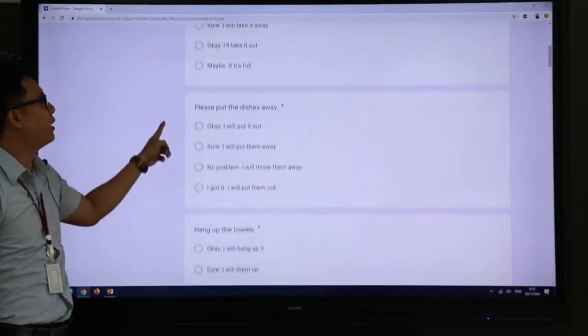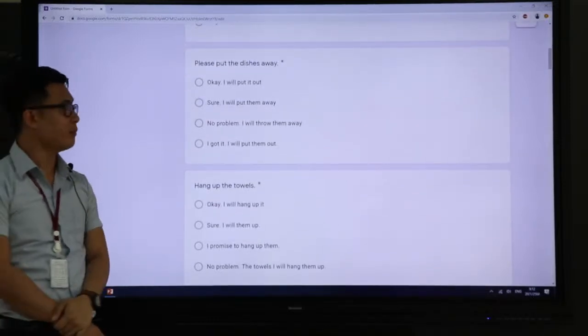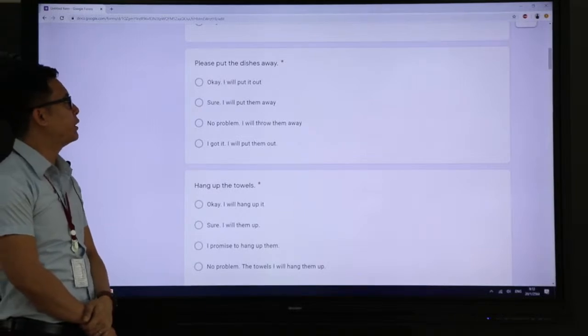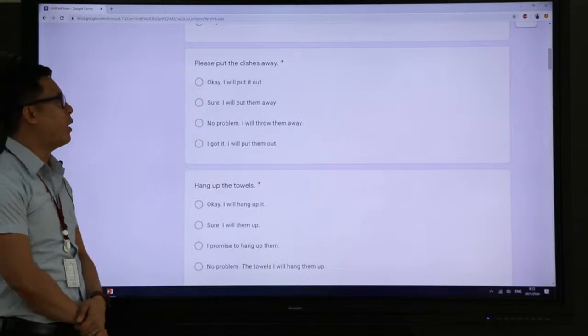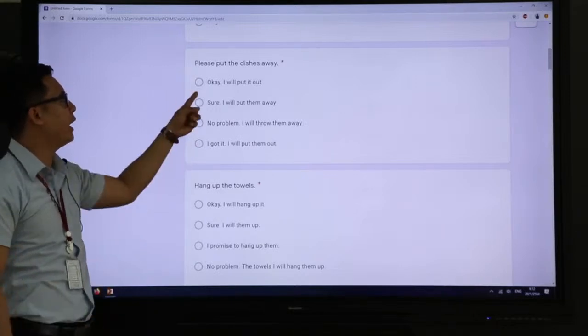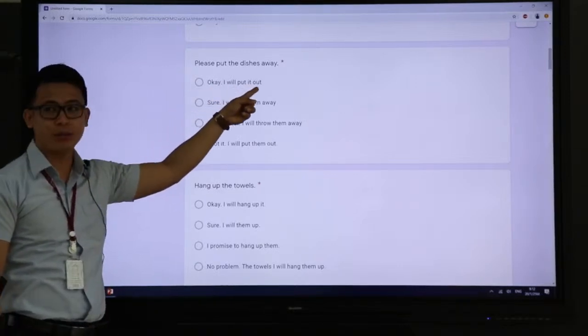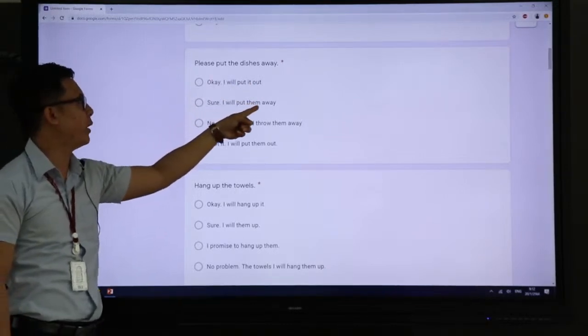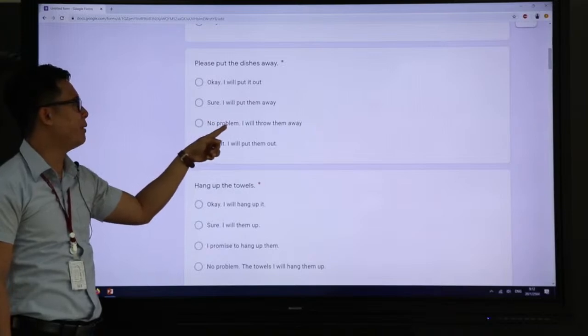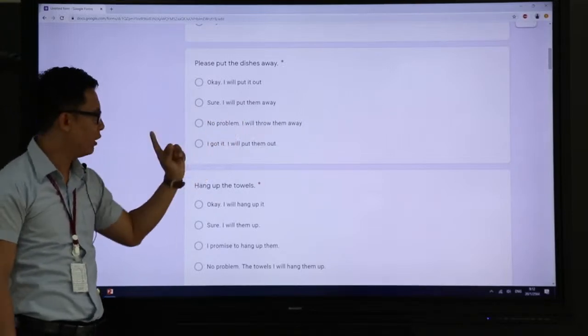Okay, what about the second one? Please put the dishes away. That is the request. So our options are, okay, I will put it out. Sure, I will put them away. No problem, I will throw them away.